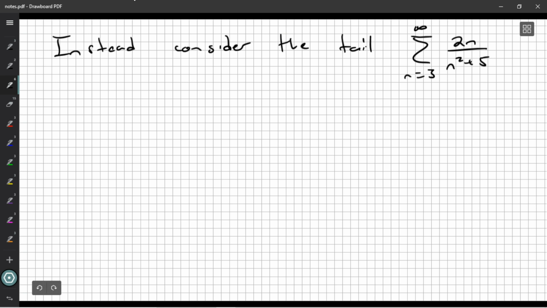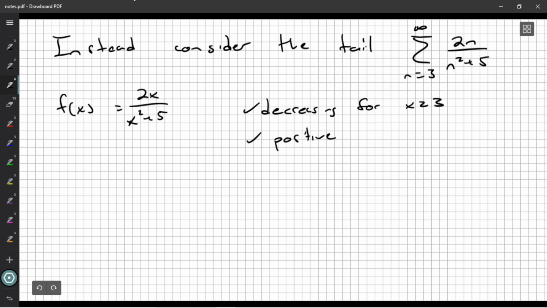Okay. So we'll have the same f of x, but this time it's decreasing for x greater than or equal to 3. Okay, it's positive, again, for x greater than or equal to 3, and it's still continuous.